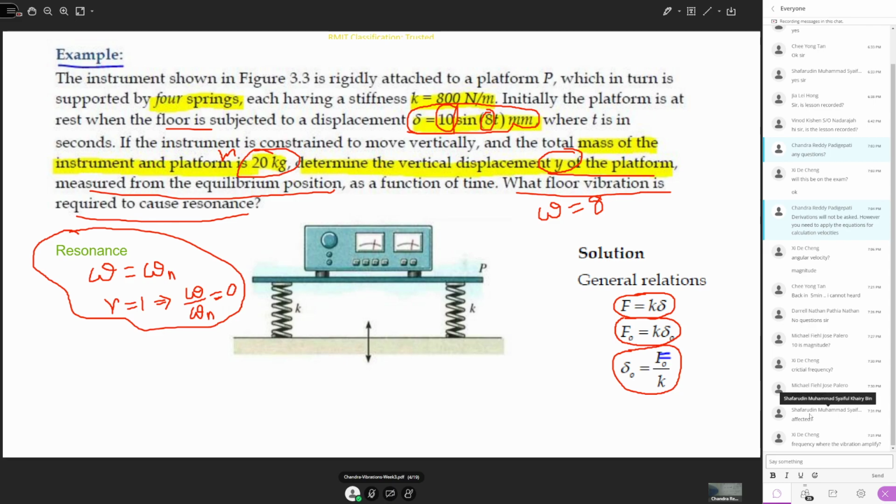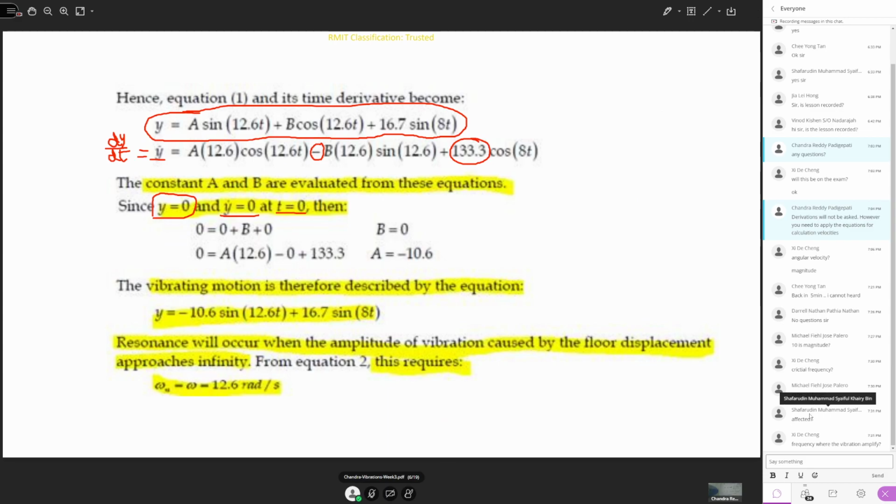You can read here, initially the platform is at rest when the floor is subjected to a displacement. Initially means when the time is 0. So when the time is 0, the displacement is 0. So when the displacement is 0, the velocity is also 0.